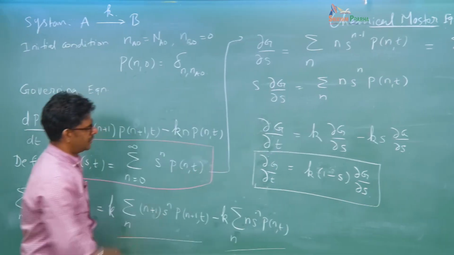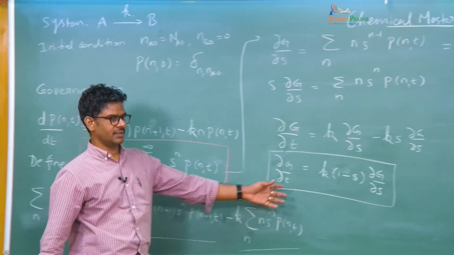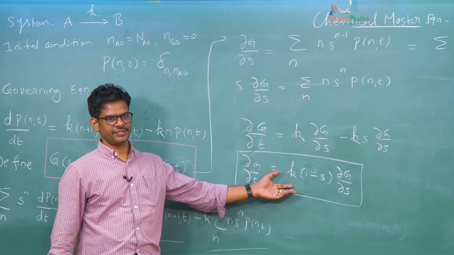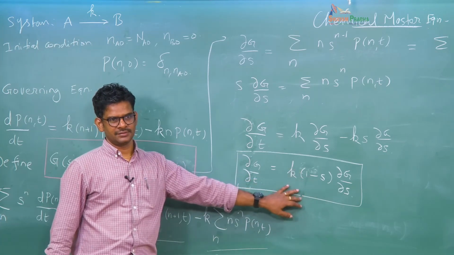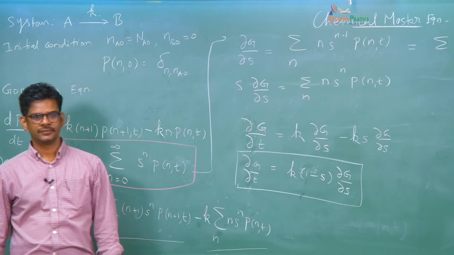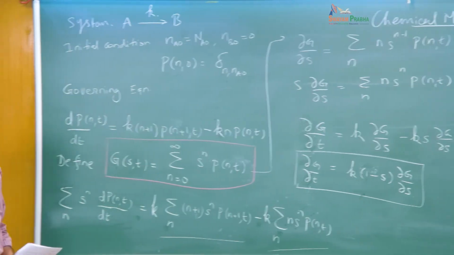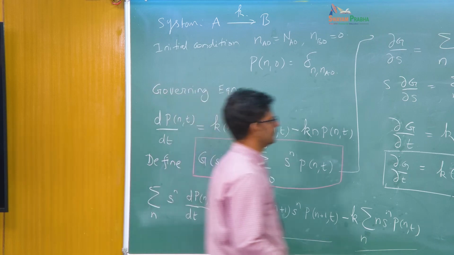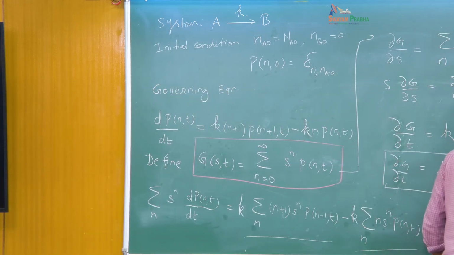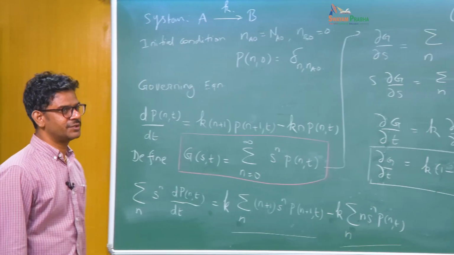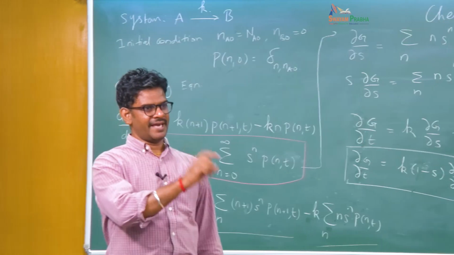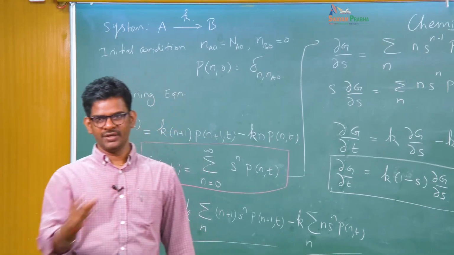Any ideas how to solve this equation? What is this? This is a linear partial differential equation. Any idea how we can solve this? We are going to use a method called the method of characteristics. So we have S and T, these are two independent variables.